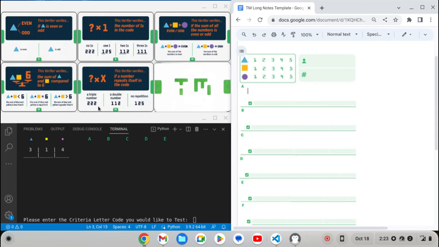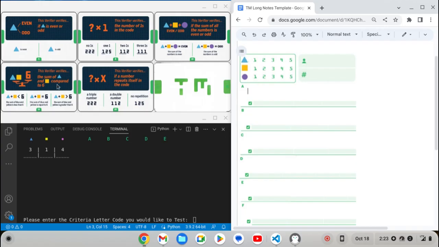And remember, the objective of today's puzzle is to find that unique 3-digit code that abides by all of the 5 criteria cards we just discussed. And we're going to start off with an initial proposal of 314.